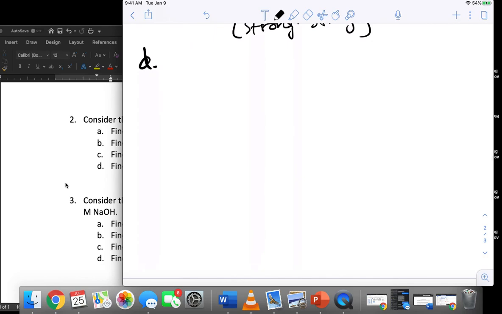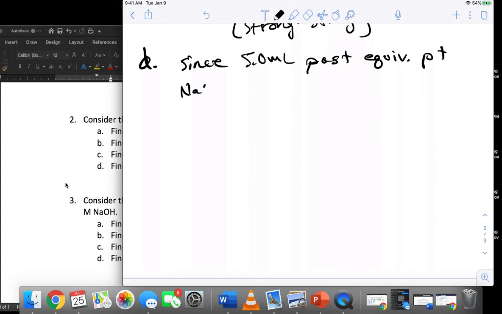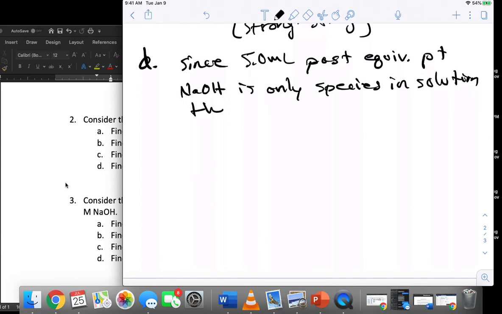So that's how I can approach this problem. Since we're past the equivalence point, this means that my hydroxide is in excess. So NaOH is the only species in solution that impacts pH.